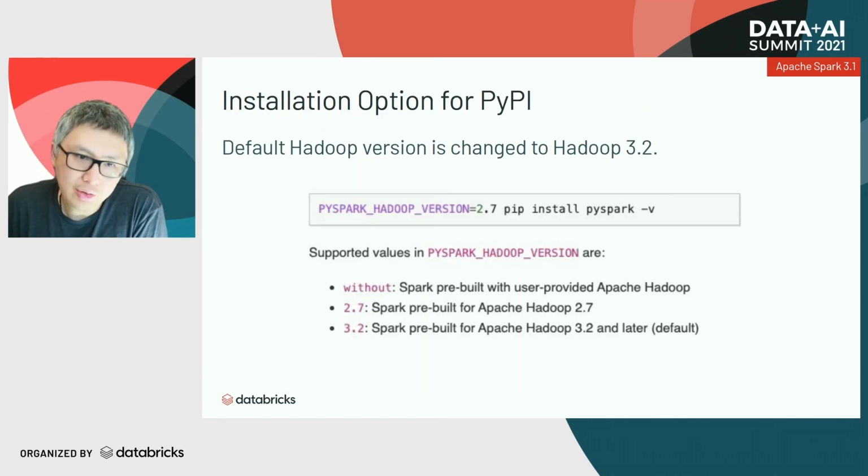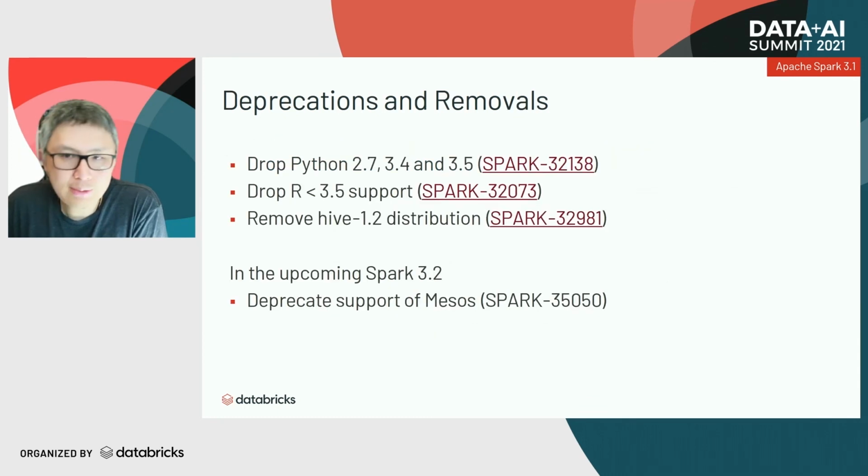For Python users from PyPI, you can download PySpark with different Hadoop versions. The default version in Spark 3.1 is Hadoop 3.2. You can also choose a prebuilt Hadoop 2.7 version, which is the default in 3.0, or the user-provided version. In Spark 3.1, we dropped the official support of Python 2.7, 3.4, and 3.5.